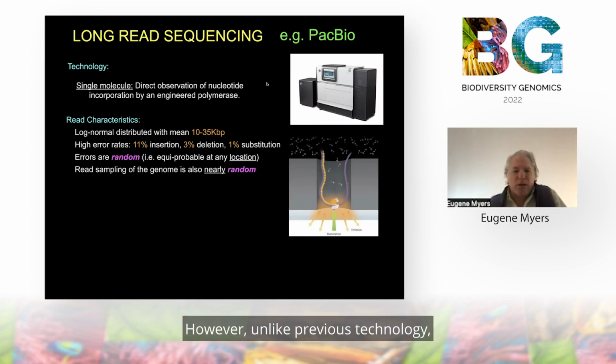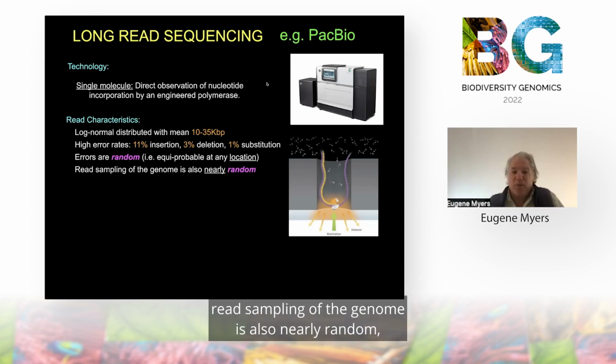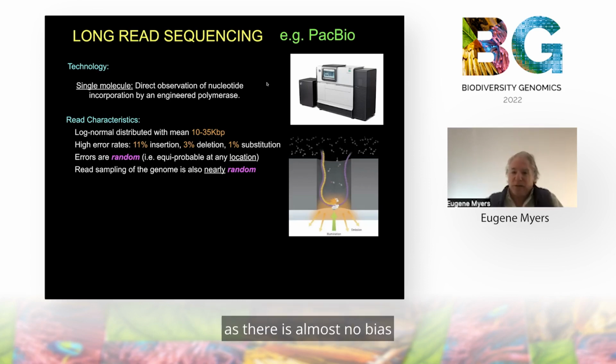However, unlike previous technology, read errors are truly random, being the result of this thermodynamic noise. And also, because they are single molecule machines, read sampling of the genome is also nearly random, as there is almost no bias in what finds its way into a well.